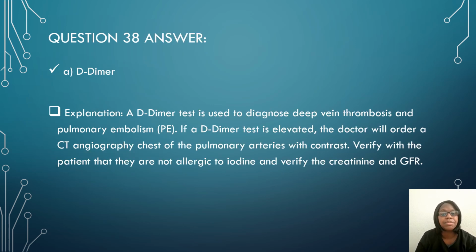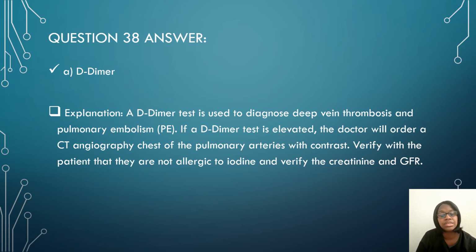There are times when patients come in, the lab results come back, their D-dimer is elevated, and they will get ordered a PE chest. So, whenever you are checking the orders, see what is the reason why it is ordered. That can help you on your test. If you see that a PE chest is ordered, the exam reason may say elevated D-dimer. So, that's also a good way to learn and study.